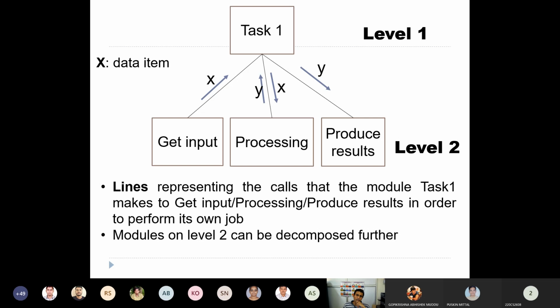Each and every call is done by passing some data, as I told you before. They can send some data as well as some results.